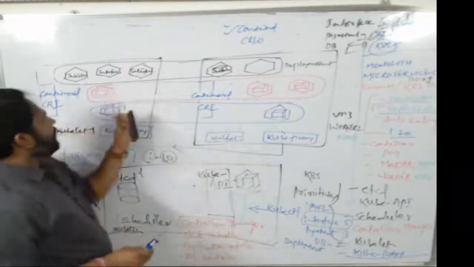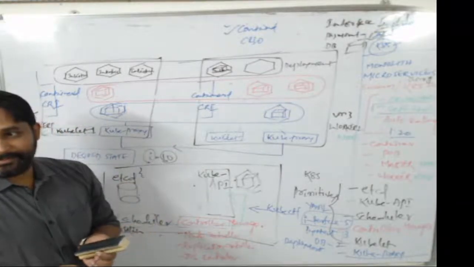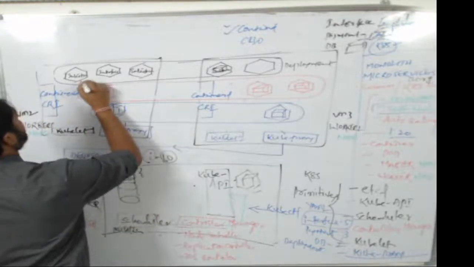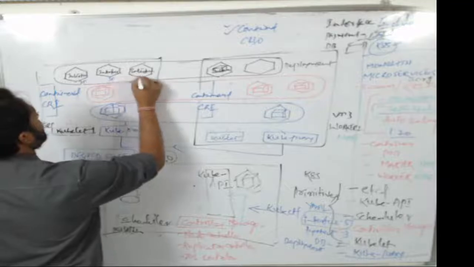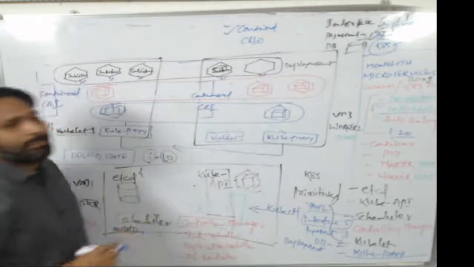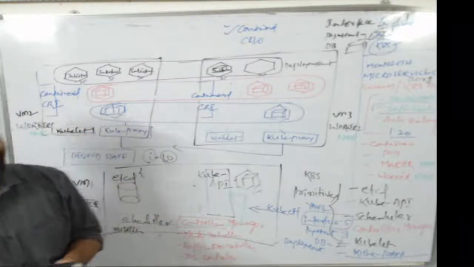How does it know how to reach it? It has to know the IP. And by the way, all the pods have IPs. So this has IP. This has IP. Containers do not have IPs. Pods have IPs.